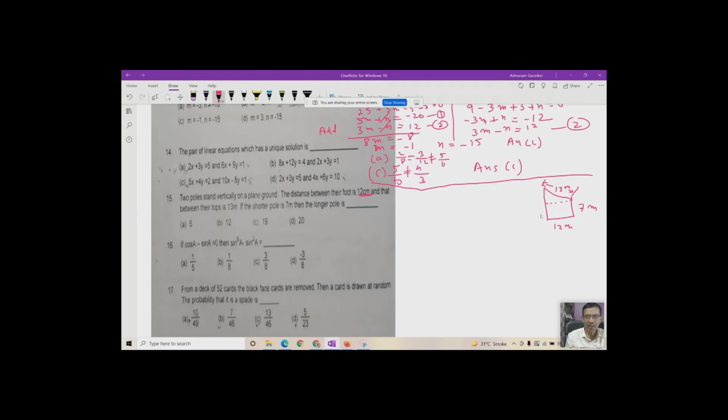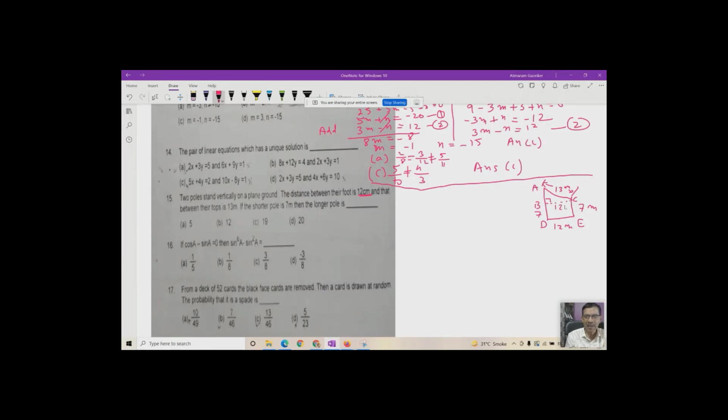So let me name this as A, B, C, D and E. And you are asked to find the length of the longer pole. If CE is 7 meters, then BD is also 7 meters. So you have to find AB, and to find AB, there is the Pythagoras theorem.